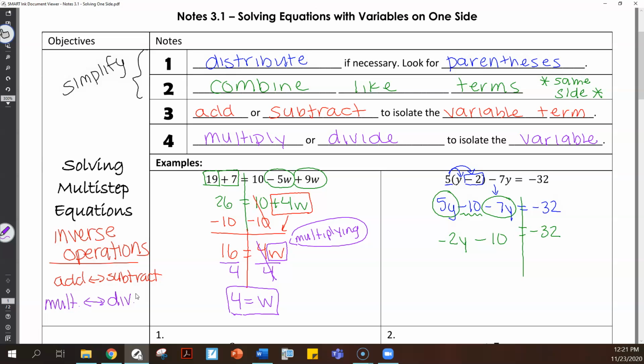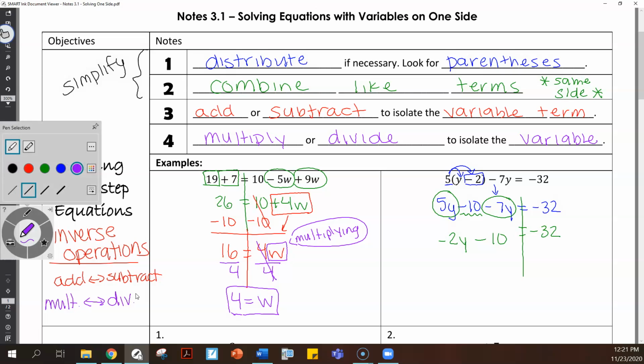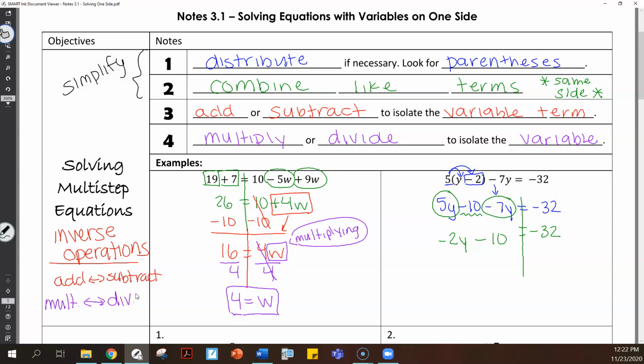Now I can check to make sure that this is correct by plugging into my original equation. My original equation was 19 plus 7 equals 10 minus 5w minus 9w. I can take my w and plug it back into the w's here and check to see if I get a true answer.